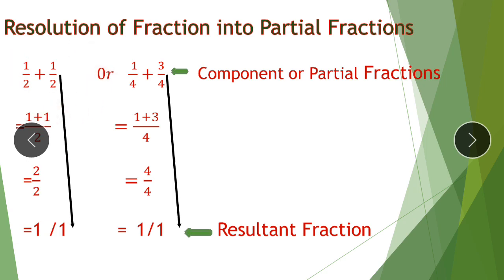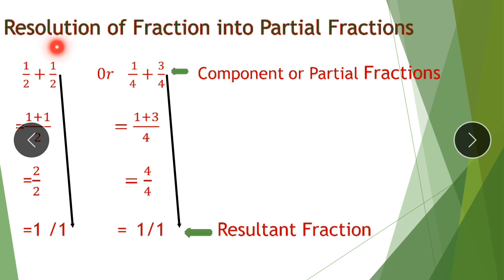If we add orally, 1 upon 2 means half, 0.5 and 0.5 will make 1. Moreover, 1 upon 4 means 0.25 and 3 upon 4 means 0.75, so 0.25 plus 0.75 will make 1.